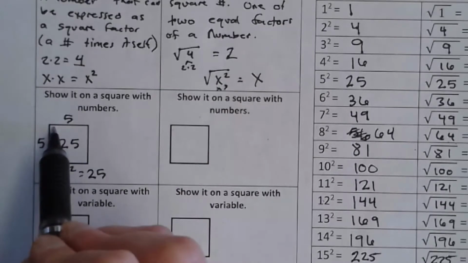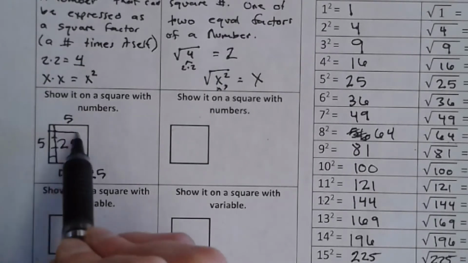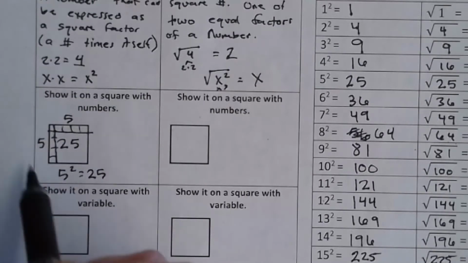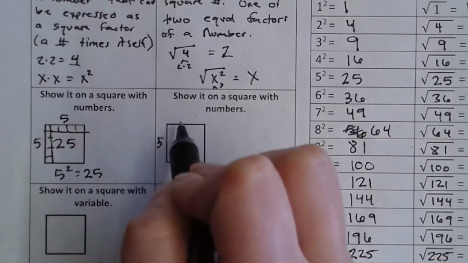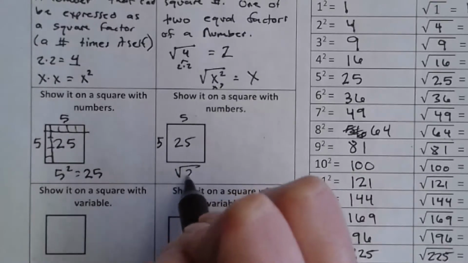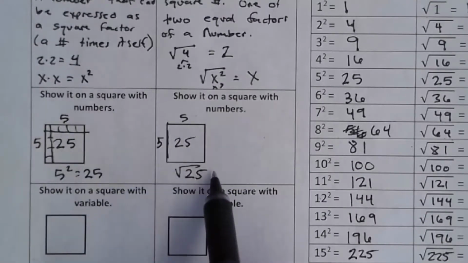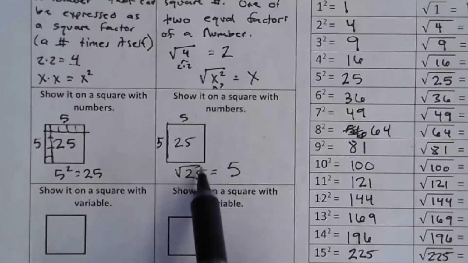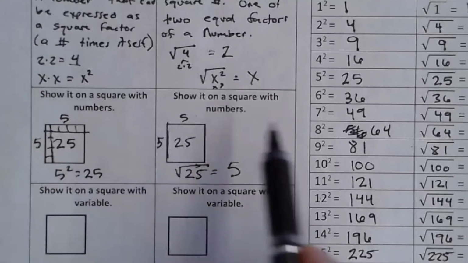So if you had 5 equal cubes here and 5 equal cubes here, and you had that all filled in, you'd get 25 cubes. So same thing here. When we take the square root of 25, we're saying, okay, what's one of these side lengths? Well, that's 5. So that's the root of the square.